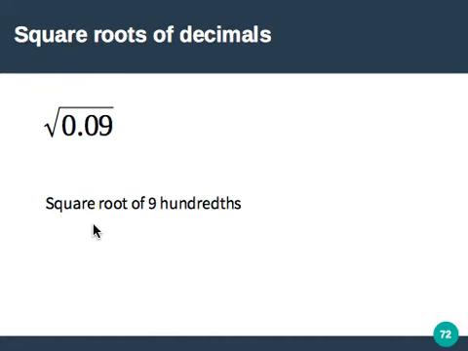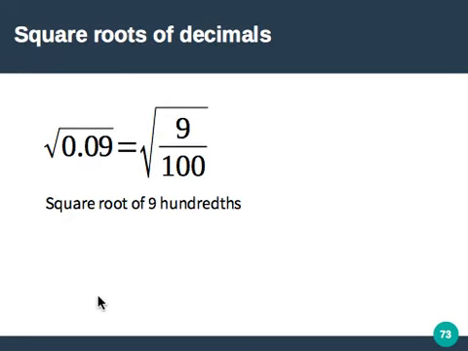So that hundredths, that means something, and that should ring a bell. That should remind you of something. That should remind you of a fraction. So let me remind you that a decimal like this guy, it's actually a fraction in disguise, which is 9 over 100.